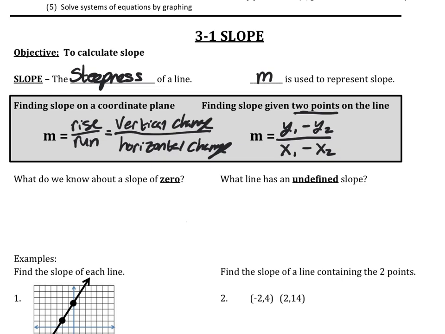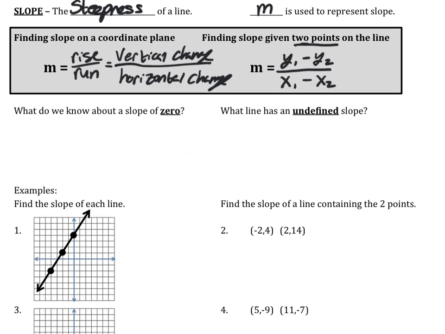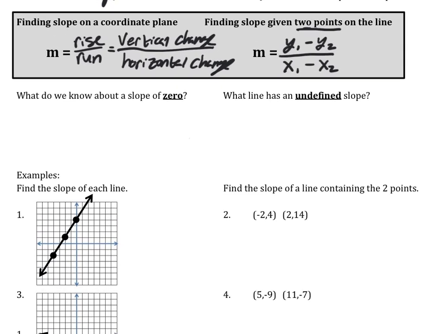So we have 2 special types of slopes, and I will refer you to the Slope Dude video if you want a fun way to remember these guys. So our first special slope is going to be this 0 slope. So what do we know about that?